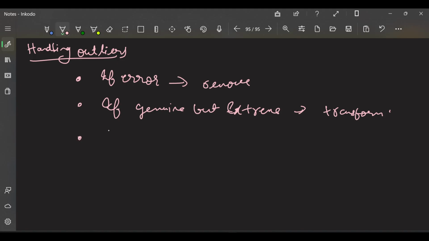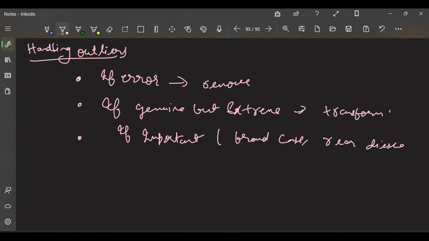And if important, like fraud case or rare disease, what you have to do is keep them. So this is how we are handling the outliers.